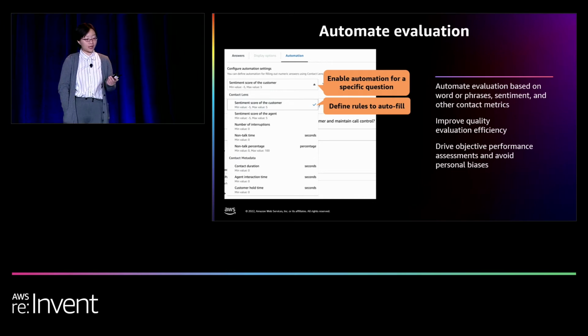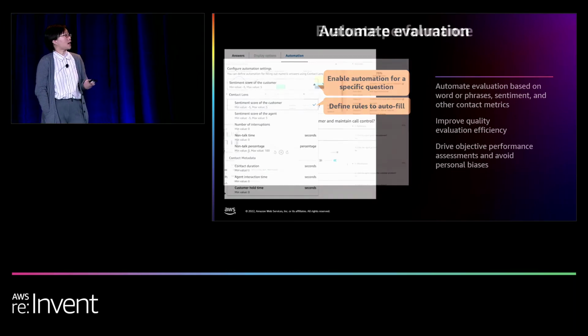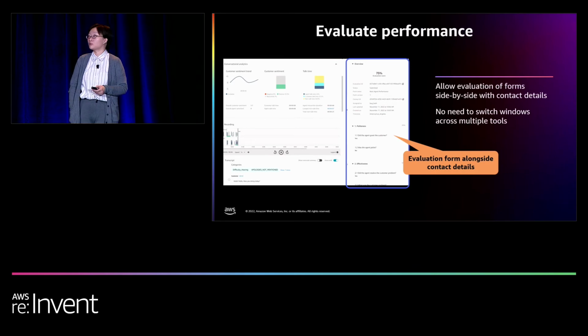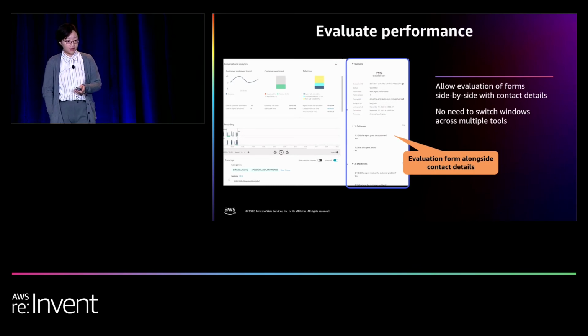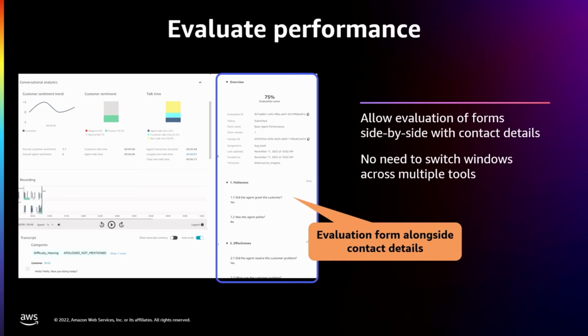Now, with all that, let's take a look at the actual supervisor experience for someone that's going to be reviewing a contact. So this is the contact details page of Amazon Connect. Here on the screen, you can see how Contact Lens actually produces an overview of how the contact went. And you have a lot of the details that you may need to understand if the agent handled the customer conversation in the best manner.